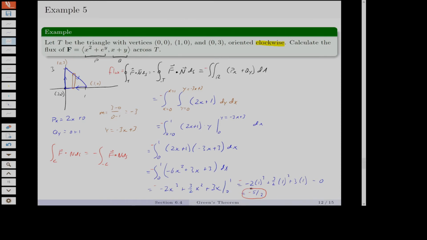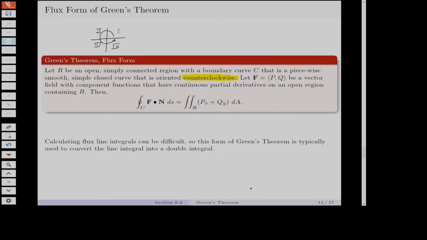All right. Now, while I'm looking at the conditions, one of the other conditions that we had was R is an open, simply connected region. And that's fine when we're creating a theorem. We want to make things nice and manageable so that we can actually create our theorem and use it, so it's not too complicated.